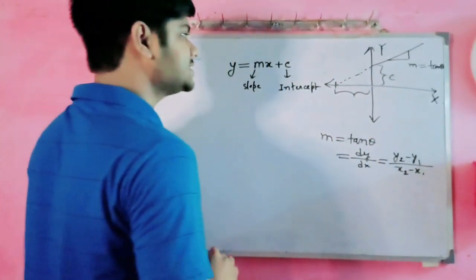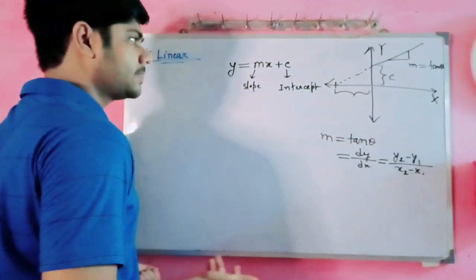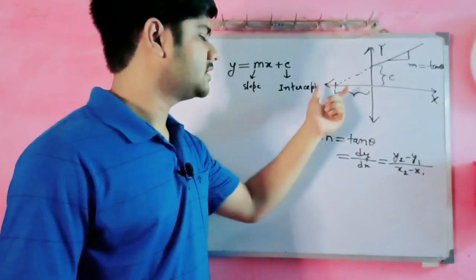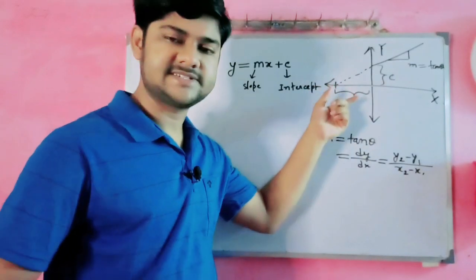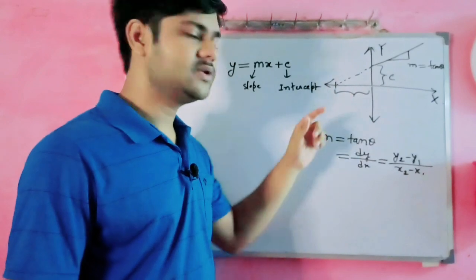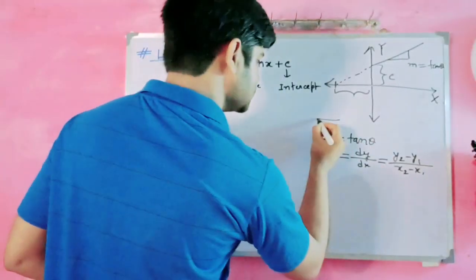We don't know what the value of this is, but if it is mentioned in a question that a straight line with positive slope intersects the minus x axis at some position which will be mentioned, then we can follow the mathematics that way.